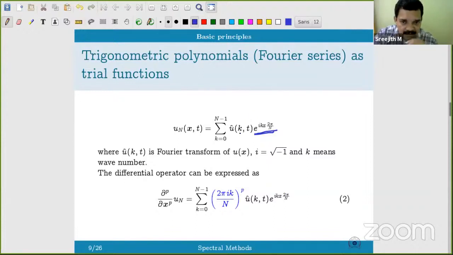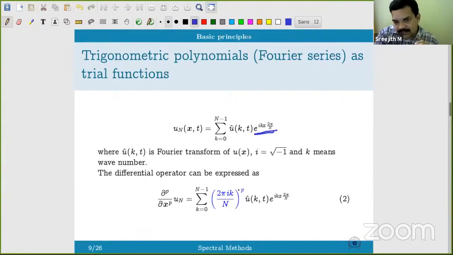So if you use e raised to ikx 2 pi by n as trial function, then this u cap k,t is independent of the space variable. It is dependent on the wave number and time only, and x is coming only in the trial function. And if you find the derivative, it is an exponential term.